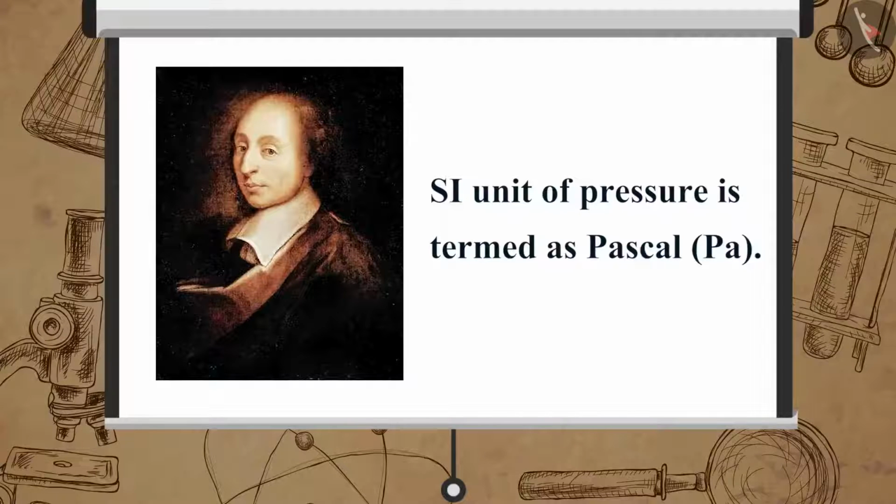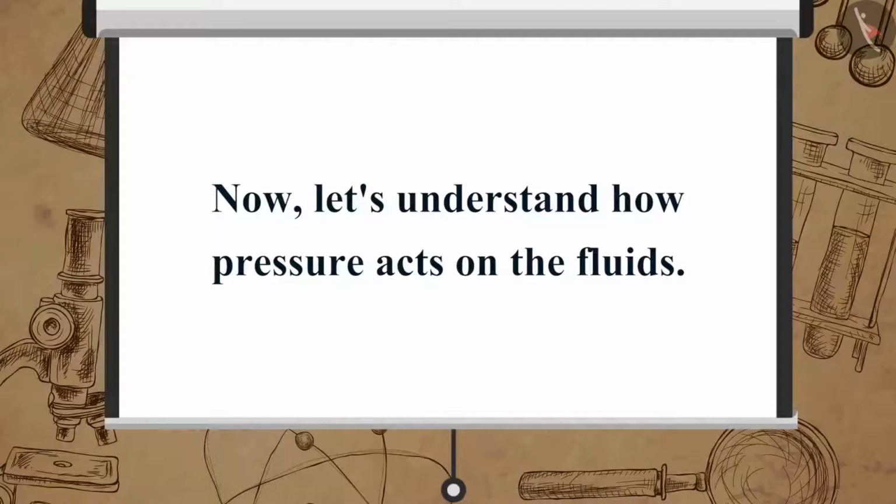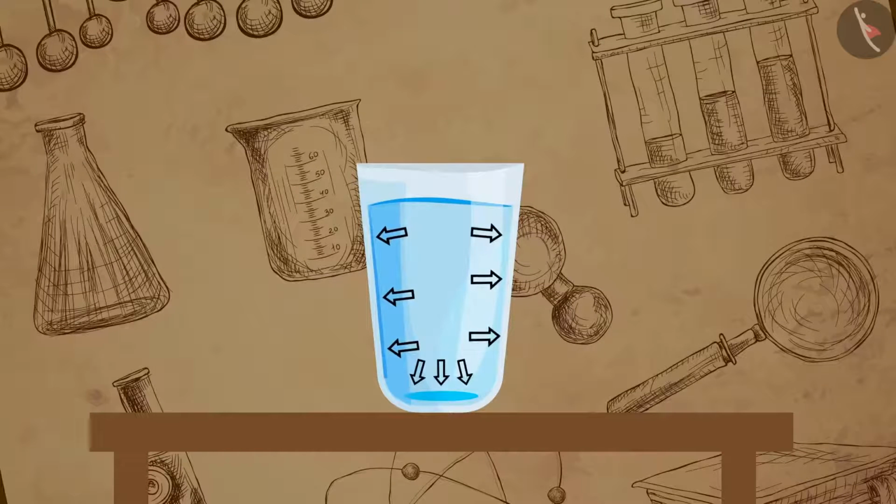It is denoted as Pa. Now, let's understand how pressure acts on the fluids. Like solids, fluids also have weight. They exert pressure on the base and on the side walls of the container in which they are enclosed.